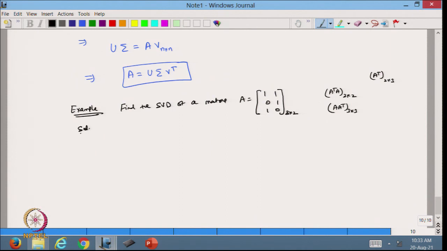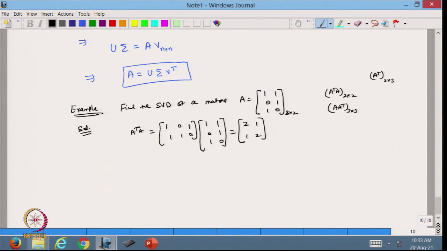So, let us take the solution. First I will find A transpose A, which is 1 0 1 1 1 0 times 1 0 1 1 0, and from here I get the value 2 1 1 2.